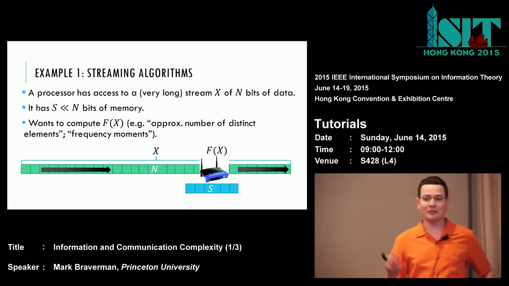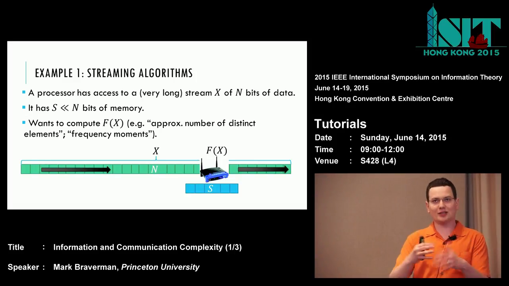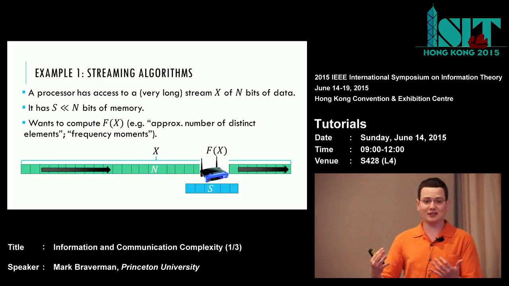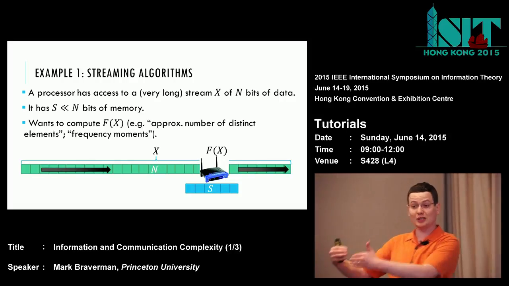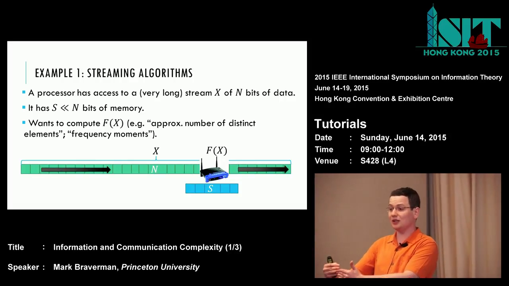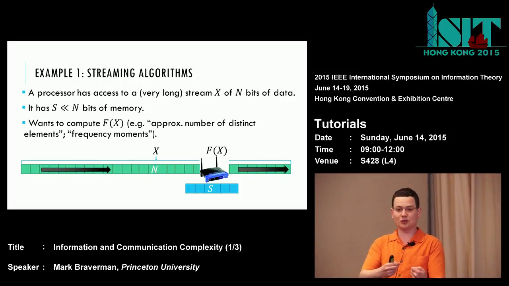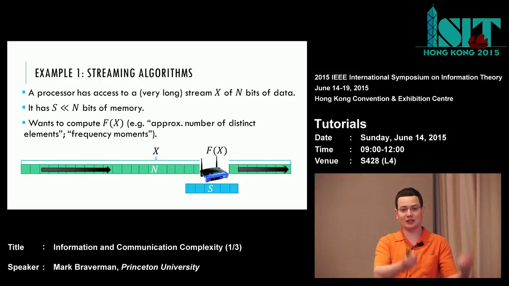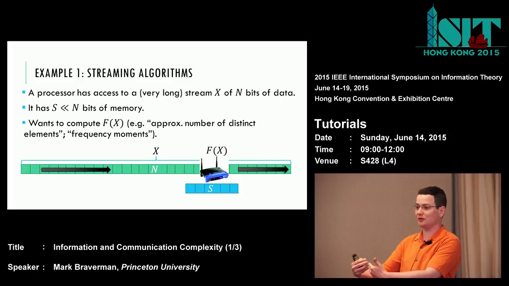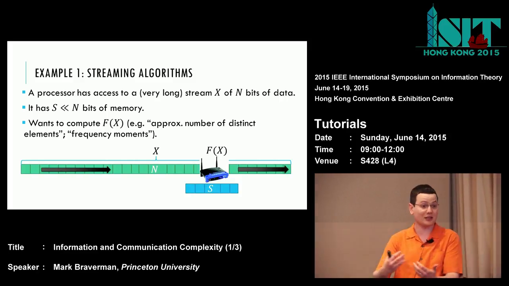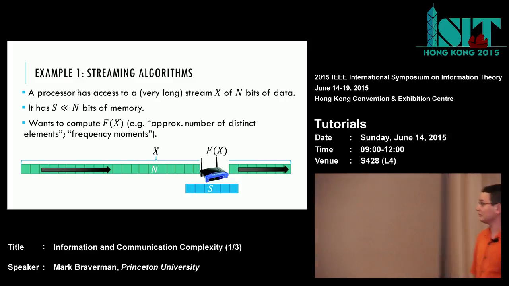Basically, the way all of these examples proceed is you introduce a model of computation, and then you say, if you could do really well in this model of computation, you could get a too good to be true communication protocol. And then you use communication lower bounds to prove lower bounds on this model of computation. And often you can get tight bounds, actually, on the model.